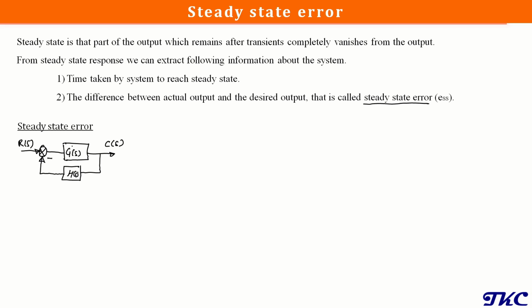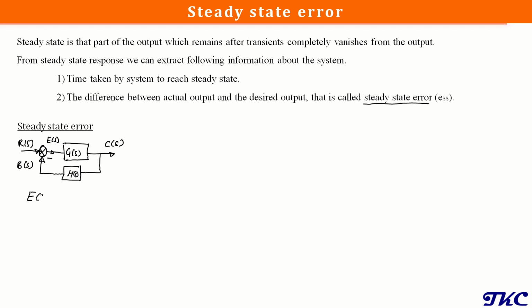Now here we can define another term. Say the feedback signal is B(S), and when it interacts at the summing point with the reference input, we get some error, so that error is E(S). This error is the difference between R(S) and B(S).